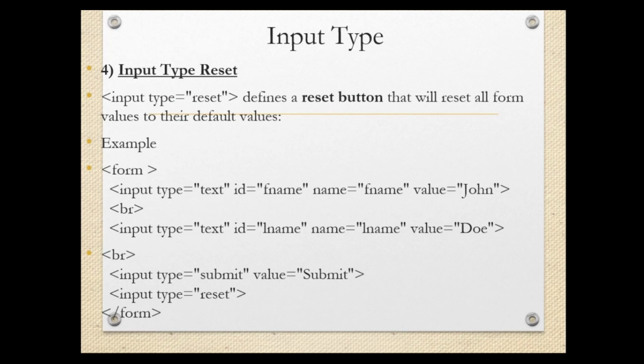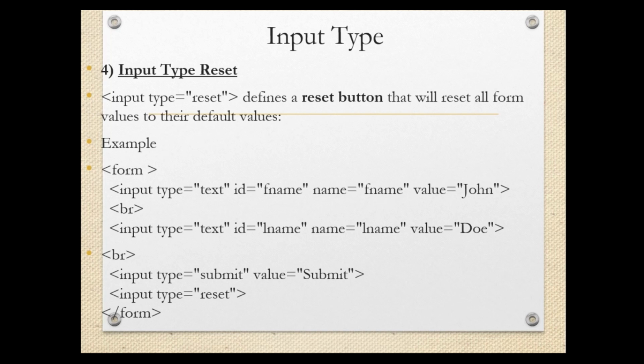Next one we have, that is input type equal to reset. Again, input type equal to reset will also create a button, but it will reset, it will clear all the data from your form. Whatever data you have entered on the form through different text boxes or buttons, it will clear all of it. So the syntax is input type equal to reset.